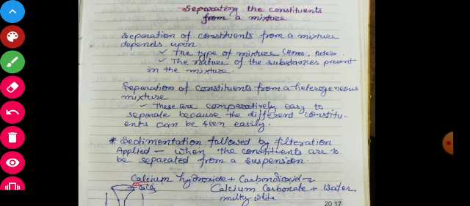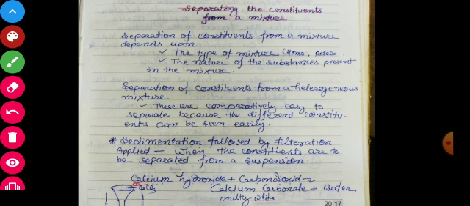Third, a mixture of iron particles and sulfur can also be separated by this process. The mixture is dissolved in carbon disulfide solvent, which we have discussed in case of difference between compound and mixture.